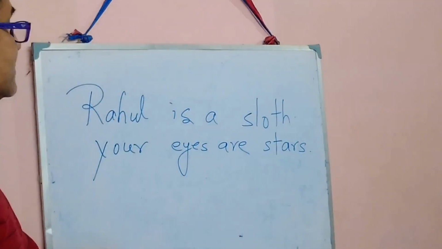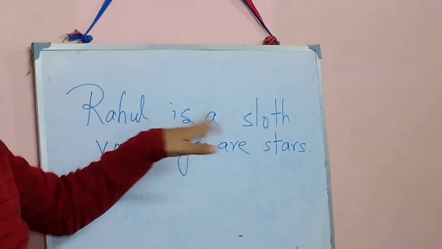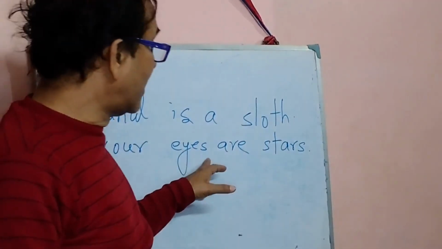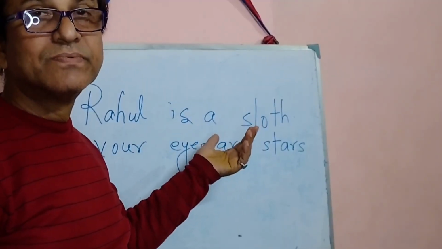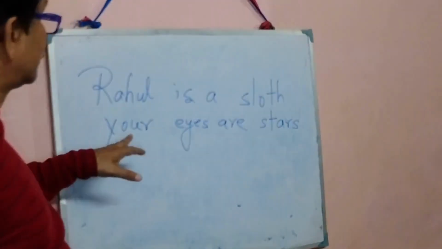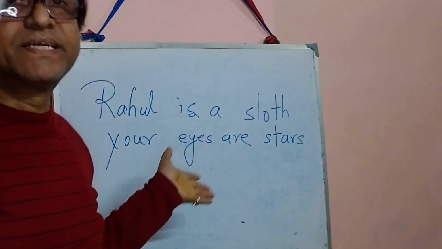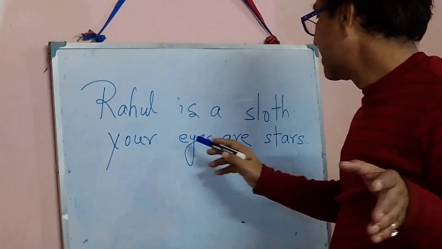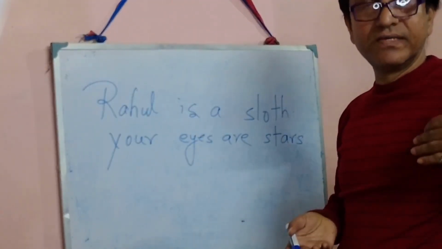Here the comparison is also implied, but it has been directly said that your eyes are shining as brightly as the stars. Is that clear? That means eyes have been compared to the stars, which are two different objects. Your eyes are stars. Then how can it be written in the examination?